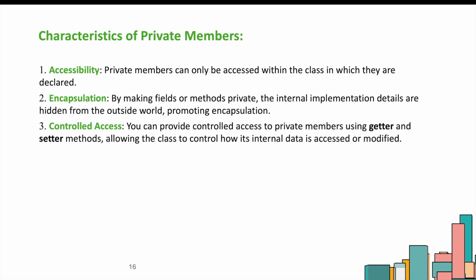Third one, controlled access. Controlled access means keep the member private and access those members through getters and setters. The get function can be used to access the member. The set function is used to set or modify the value of the private member. We are going to explain in the code.